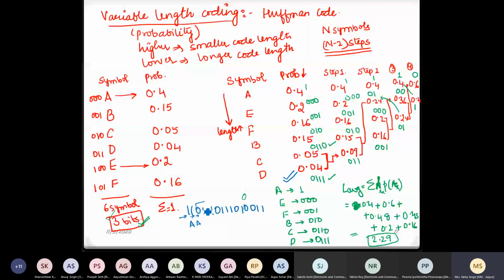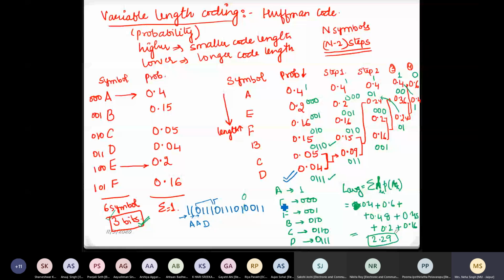So I just do not stop here, but I combine the third bit and look out for the code 0, 1, 1. 0, 1, 1 again gives me 2 possibilities if I combine the fourth bit. So I combine the fourth bit also. So now the code becomes 0, 1, 1, 1. So 0, 1, 1, 1 is the code defined for D. So D was transmitted. Again, the symbol has been covered till here.